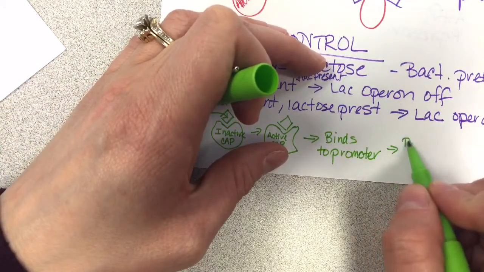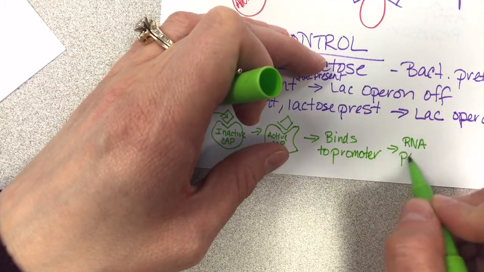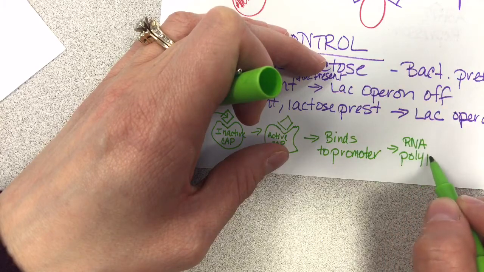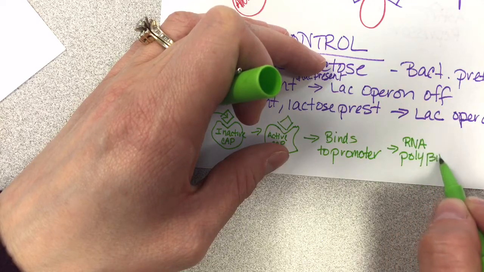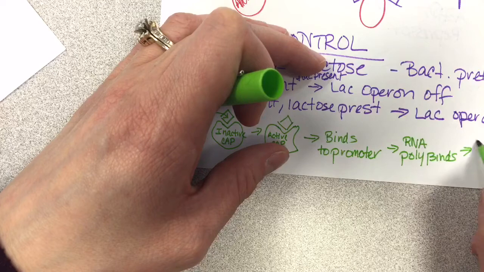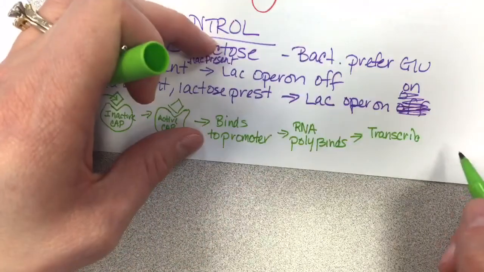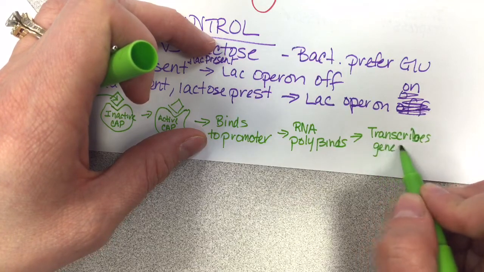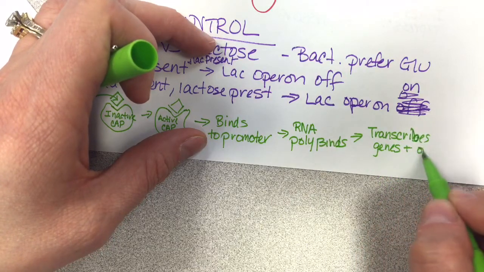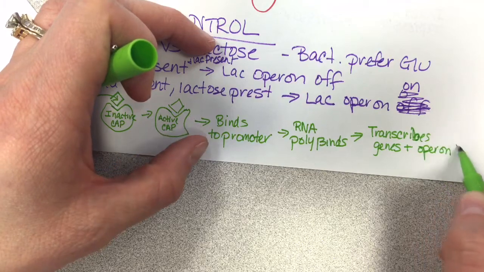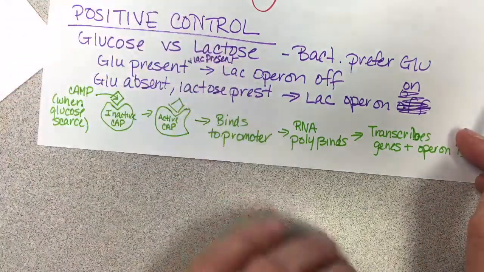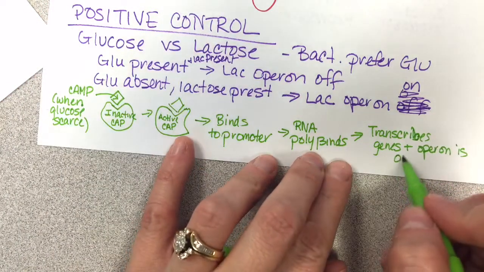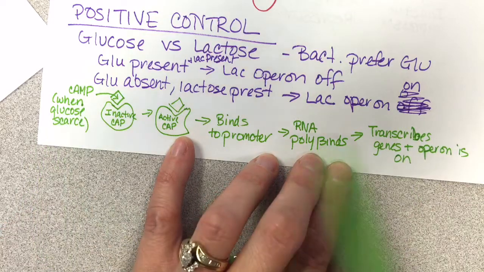And then RNA polymerase binds and transcribes the genes, and the operon is on. So that only happens when glucose is scarce.